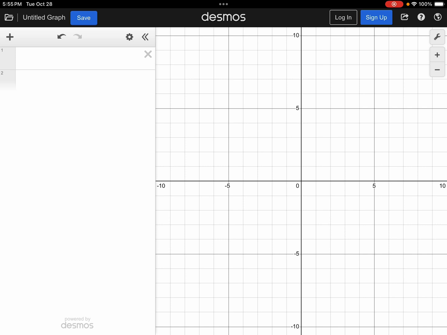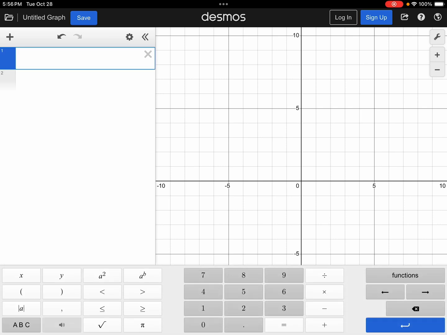So now here's the great thing. Yesterday when we were solving by graphing, in order to graph by hand, you had to solve each equation and put it in slope-intercept form. So we had to put it in y equals mx plus b form. With Desmos, you do not have to do that step. So let's say I have the equation 3x minus 4y equals 12.